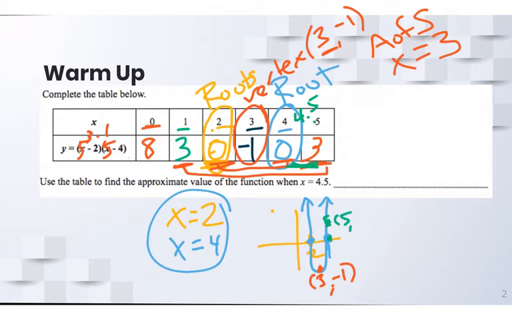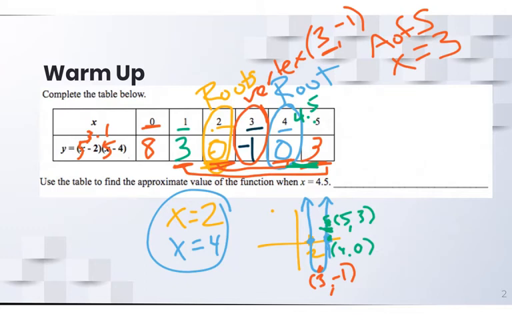At 4, the y value is 0, and at 5, the y value is 3. So if it was 4.5, somewhere in here, it would be between 0 and 3. So if you wanted to put 1.5, I would be fine with that.